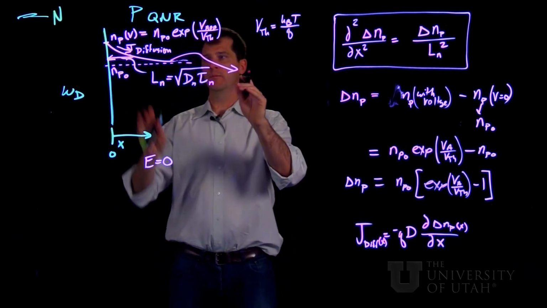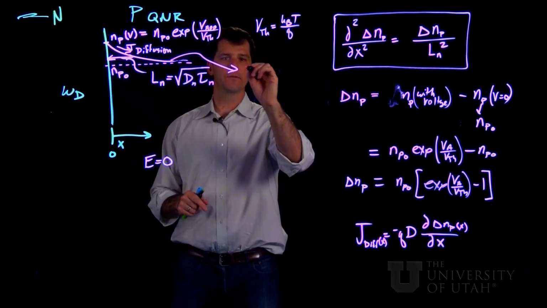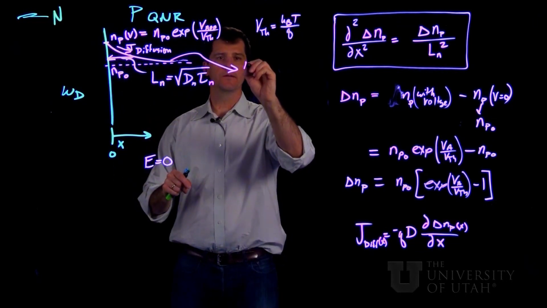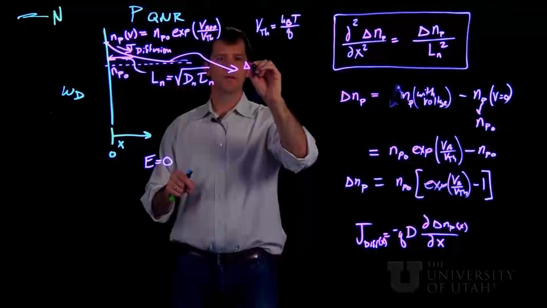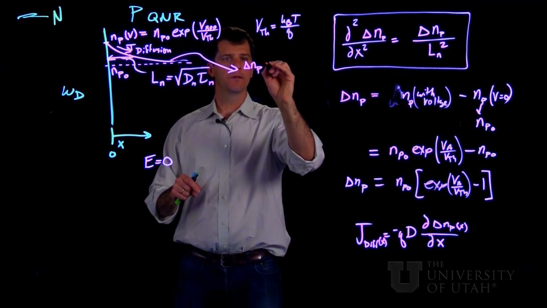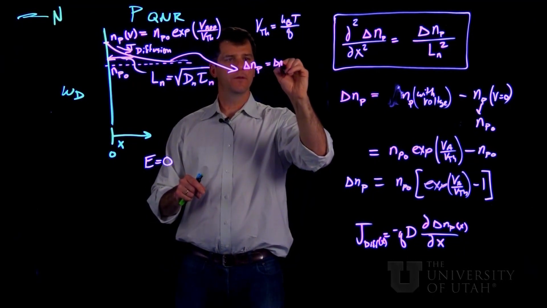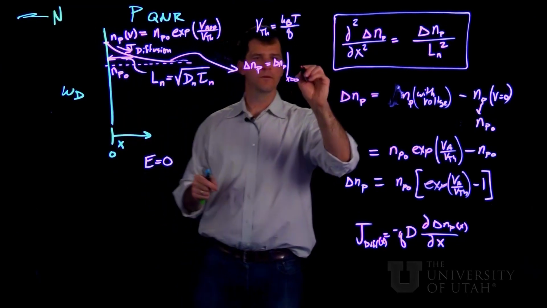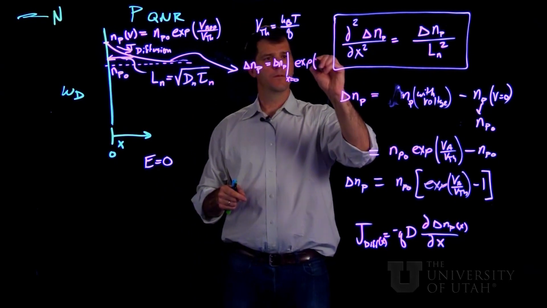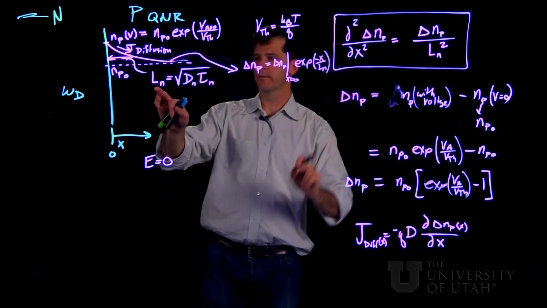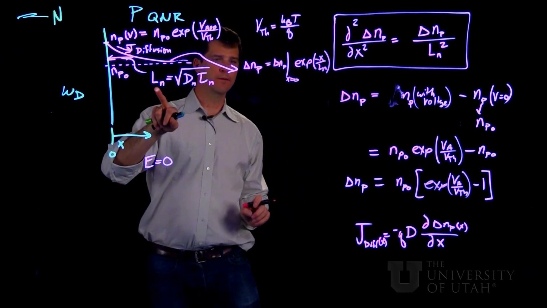So we're going to cheat a little bit and use our knowledge from earlier sections, which tells us that the excess carrier concentration, delta n p, as a function of distance, has to be delta n p evaluated at x equals 0 times exponential to the minus x over Ln, where Ln is this minority carrier diffusion length here.